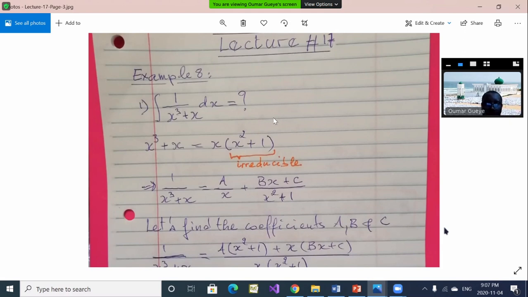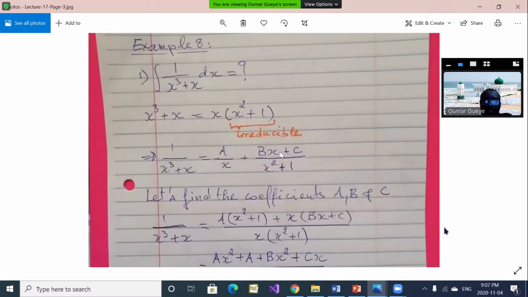To find those values, we just have to calculate the common denominator here. So we just recompose these two fractions. To do so, you multiply this denominator up and down, and this denominator up and down, in order to get the common denominator. That's what I did here.